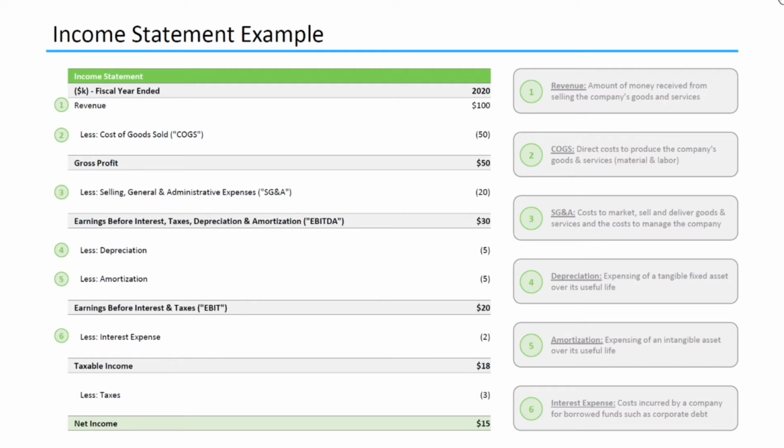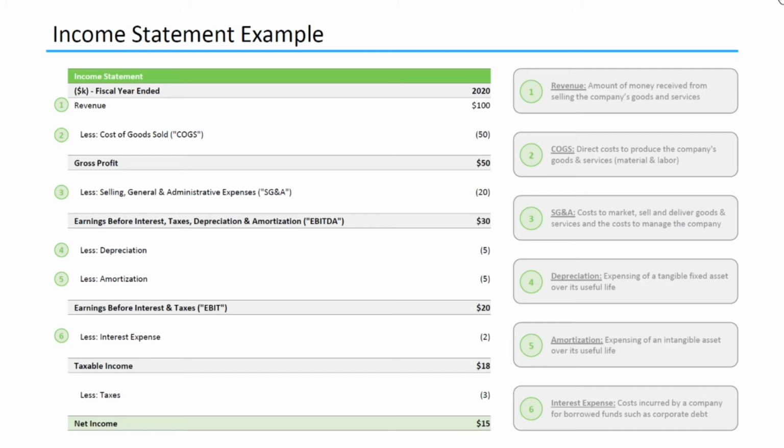Next, we have depreciation. And depreciation is the expensing of a tangible fixed asset over its useful life. So to think about this, when we buy machinery, the costs do not all flow through the income statement on day one.